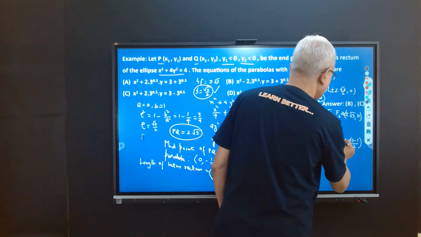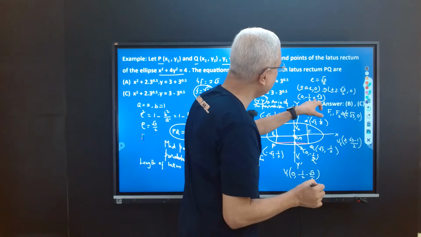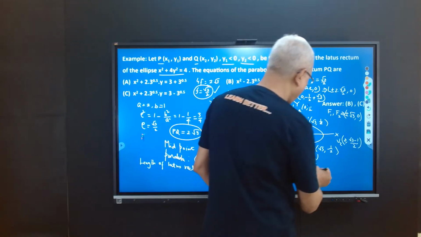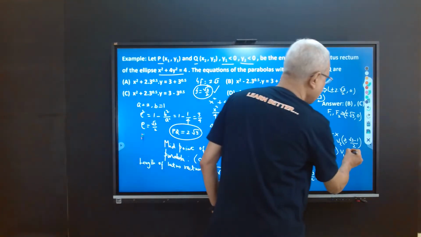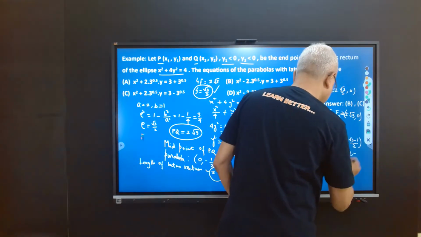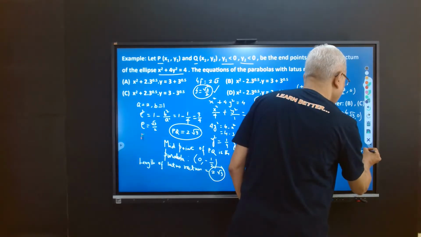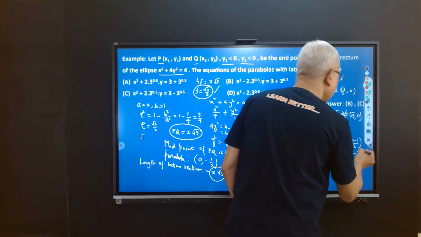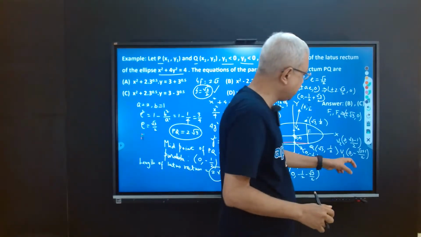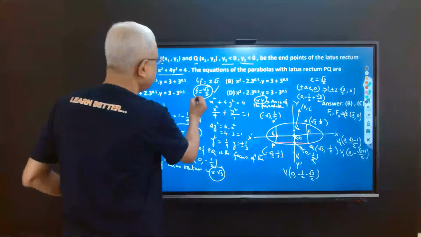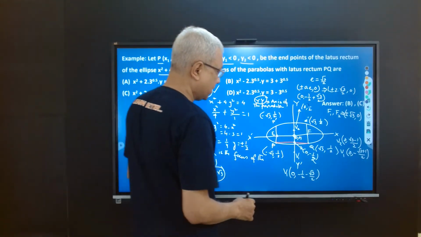This is V2's coordinate, or its vertex can be at 0, minus root 3 plus 1 by 2. If these are the vertex and the focal length is root 3 by 2, then what is the equation of the parabola?